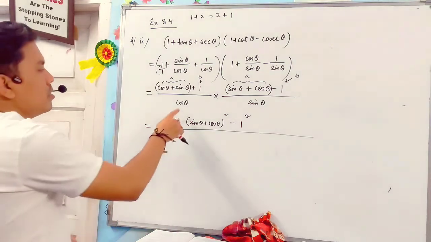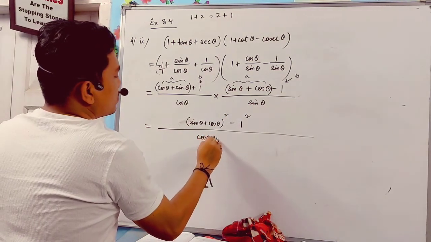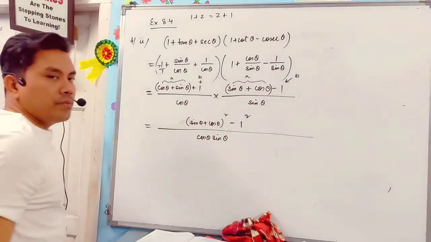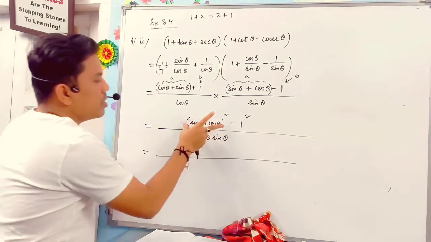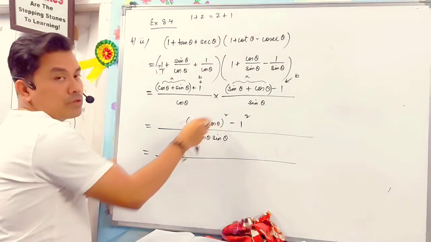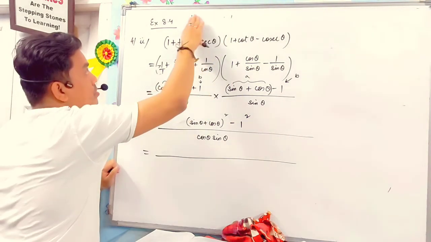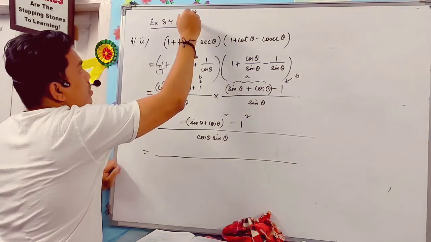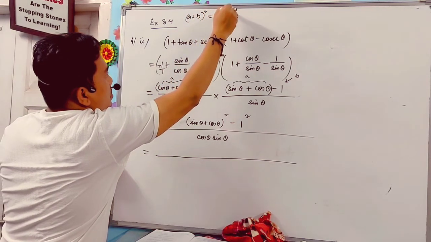Now what we will do? We will multiply these two. What you will get? Cos theta sin theta. Okay? Alright. Now let us open the bracket according to the formula a plus b whole square. A plus b whole square is a square plus b square plus 2ab.